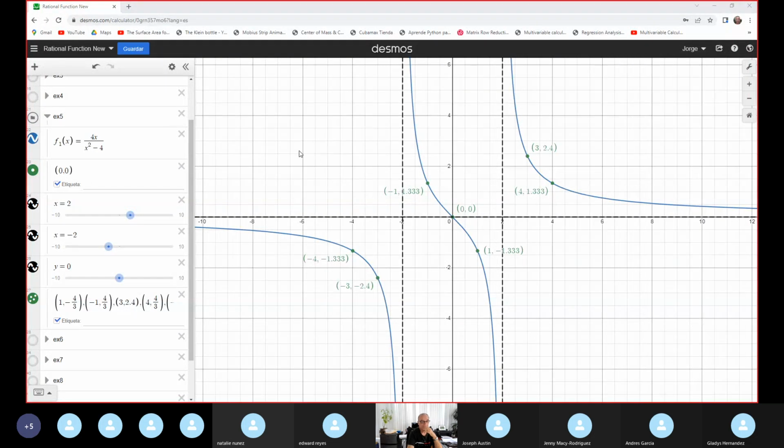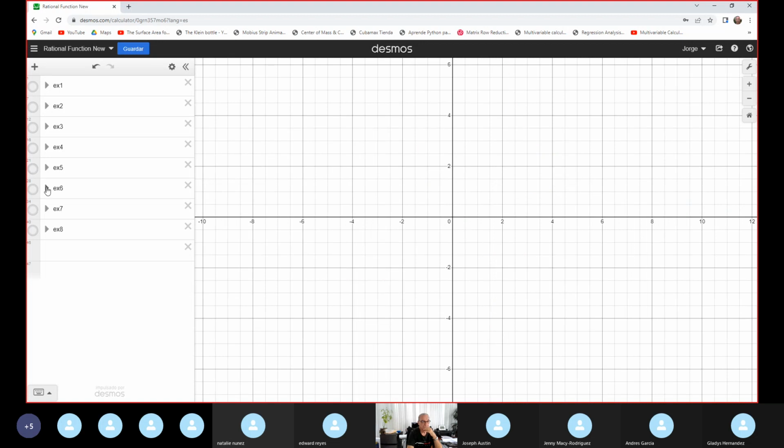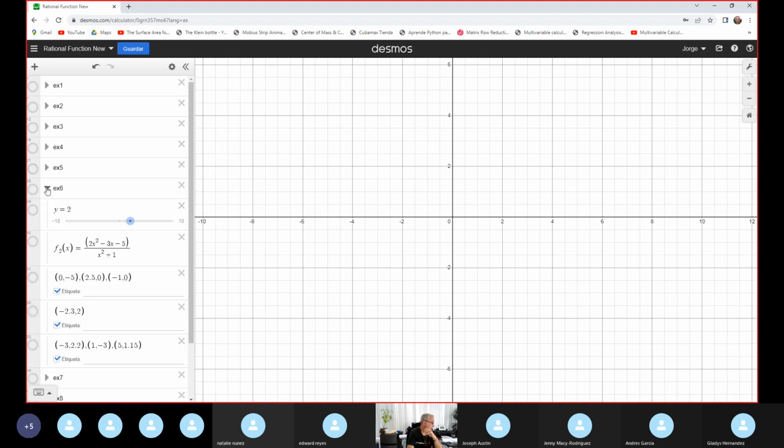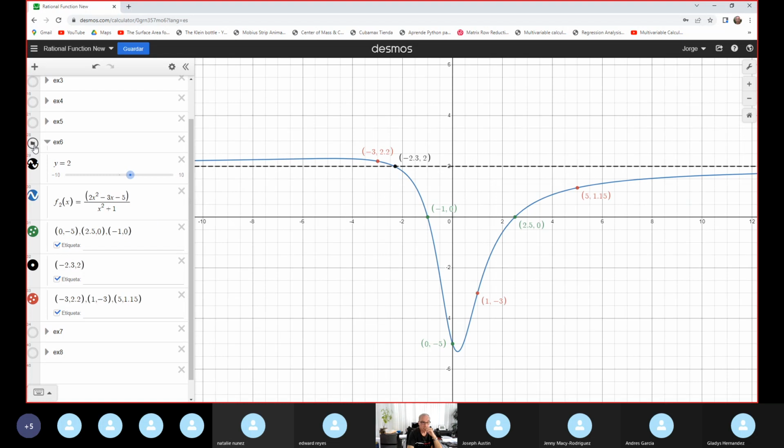Do you see them? Yes or no? Look, I have here the graph. The graph is this curve in blue color.